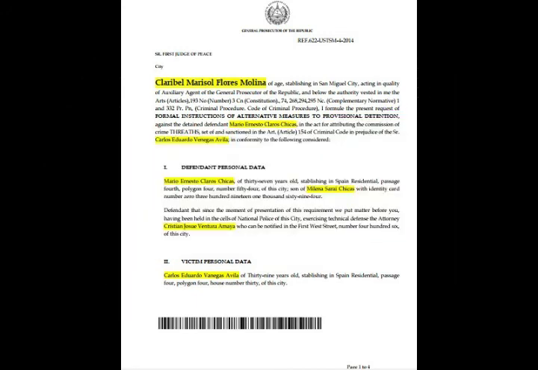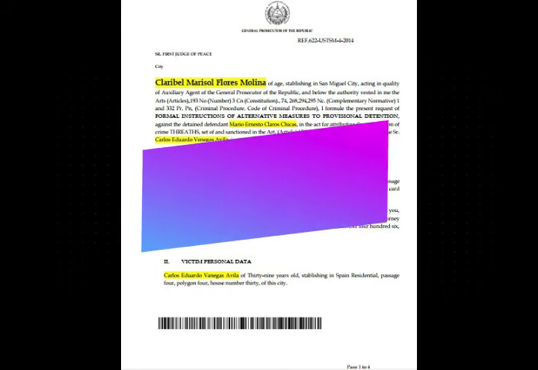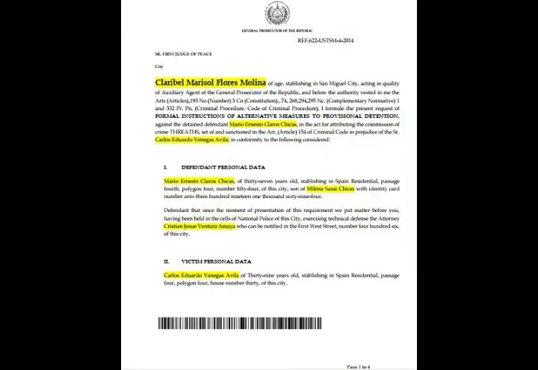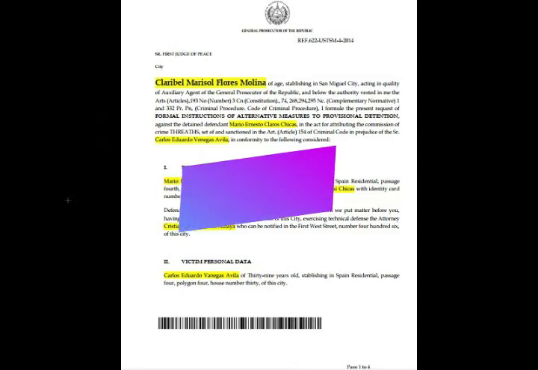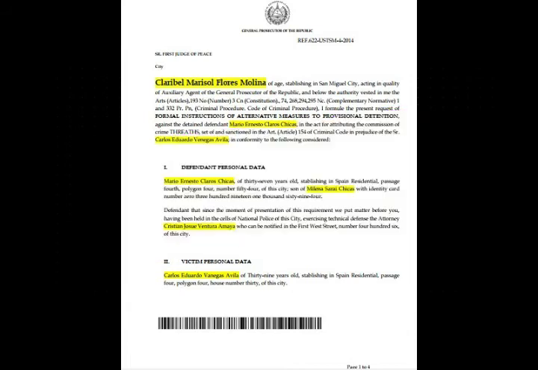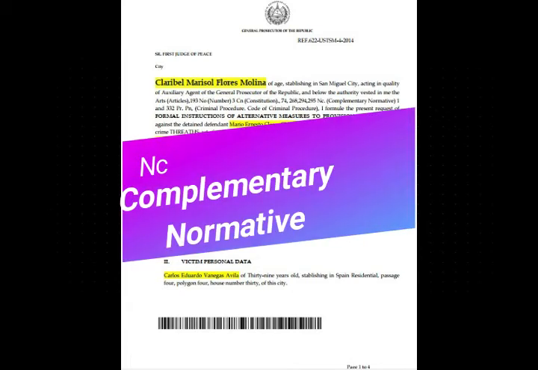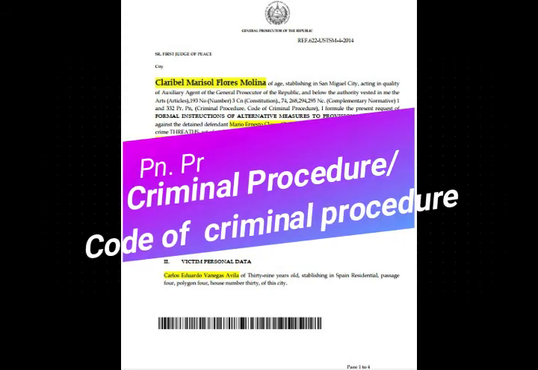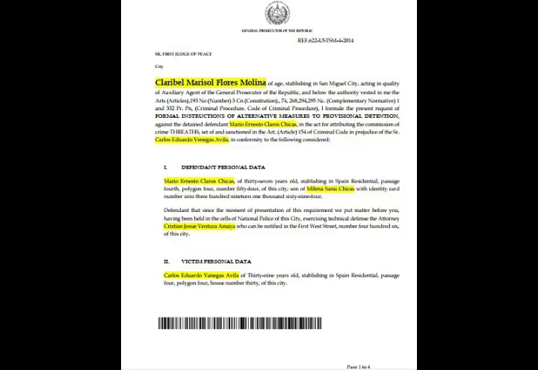And also some letters, for example, CN, that means constitution, and NC, that means complementary normative, PR with PN, that means criminal procedure, and code of criminal procedure.